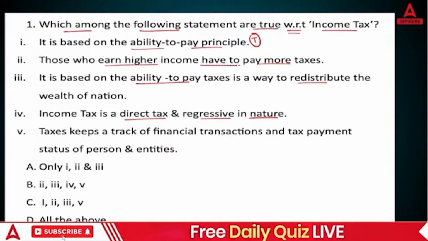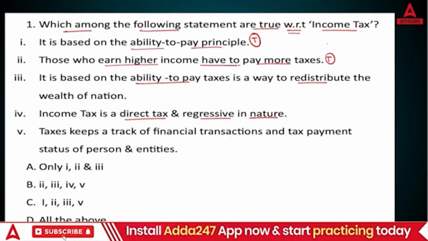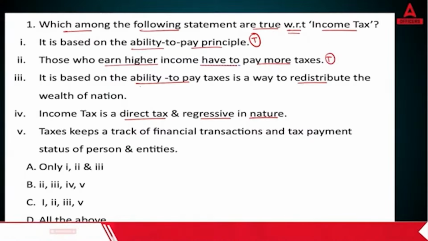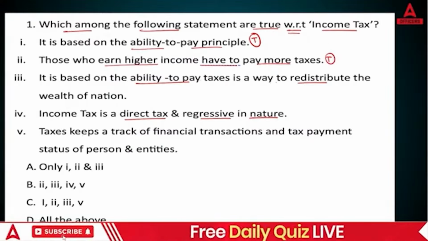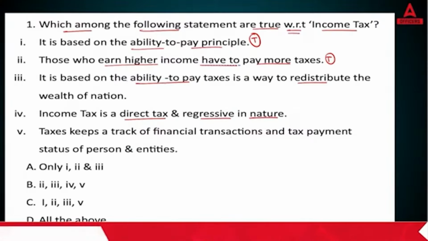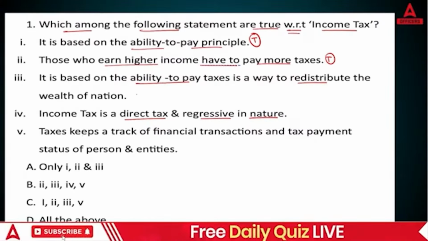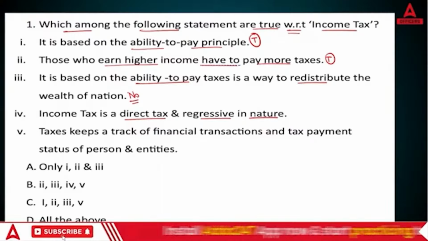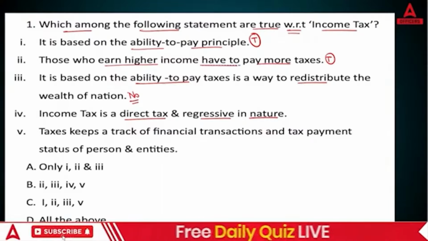Then, those who earn higher income have to pay more taxes. This is also correct. Third, it is based on the ability to pay taxes and is a way to redistribute the wealth of the nation. Is it so? Are you redistributing any wealth of the nation? No, this is false. Then, income tax is a direct tax and regressive in nature. Is this regressive in nature? No, this is progressive in nature, so this is also false.